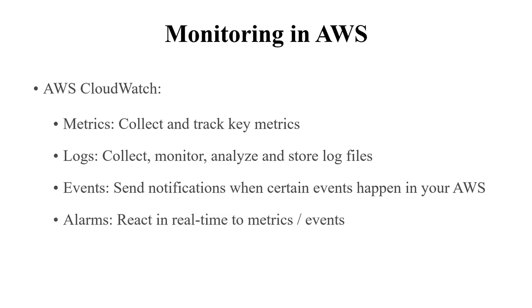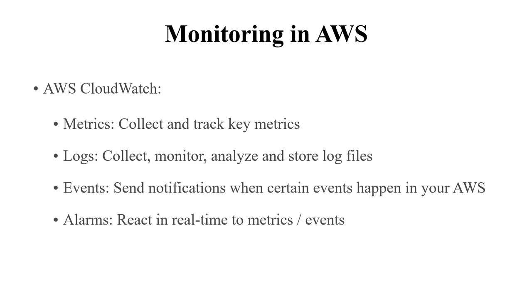And another concept is alarms. Yes, react in real time to metrics or events. As we are talking about the auto scaling group, suppose particular CPU utilization has reached 70%. Yes, 70% CPU utilization is a metric. But what do you want to do whenever that metric is reached? In the auto scaling group, do you want to launch one more instance? That is an alarm that has to be triggered.